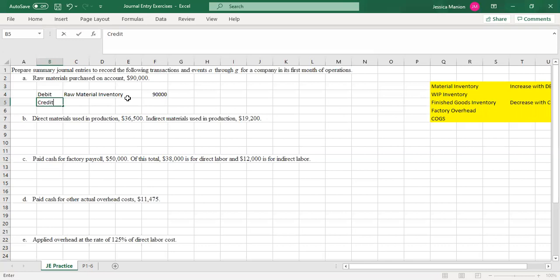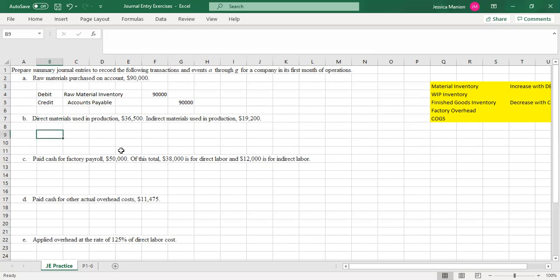Credit accounts payable, 90,000, right? That's what that would look like. We're increasing our material inventory, crediting accounts payable because we purchased these on account.